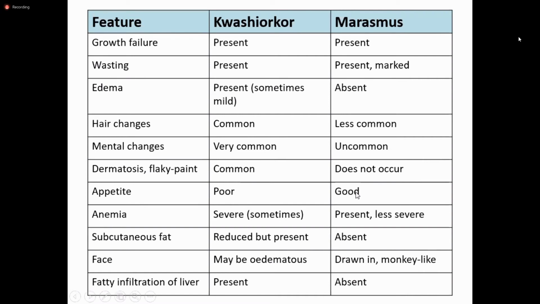It is preserved. If you give food to a marasmic child, the child will eat voraciously, whereas in kwashiorkor, the intake is very poor. And hepatomegaly may be present in kwashiorkor because of fatty infiltration. So these are a few contrasting features between kwashiorkor and marasmus, but in clinical practice, more commonly we see mixed features. So some features of kwashiorkor and some features of marasmus in the same child.